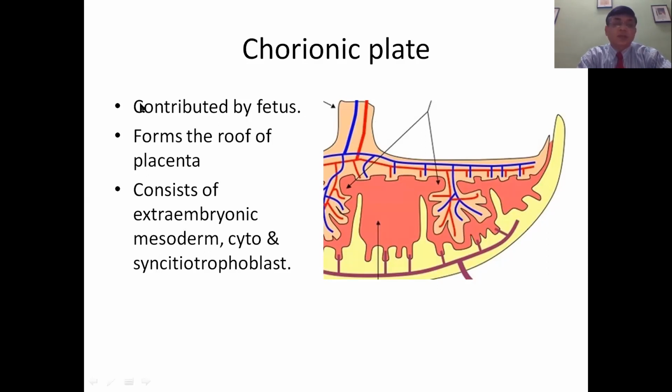Point number one, it is contributed by the fetus. Point number two, it forms the roof of the placenta.